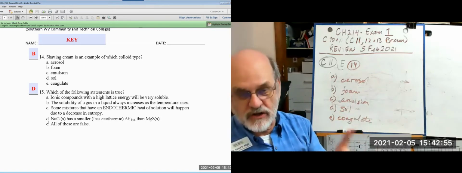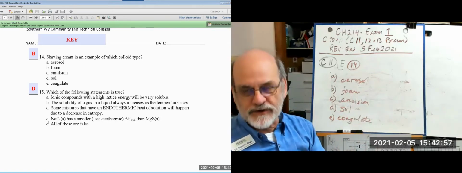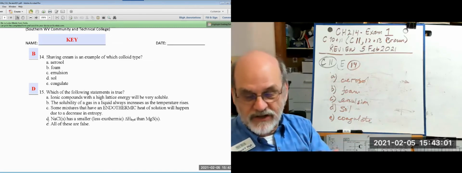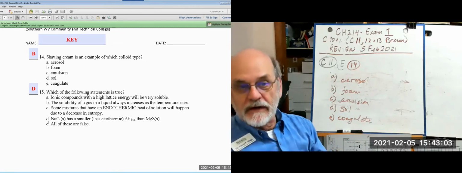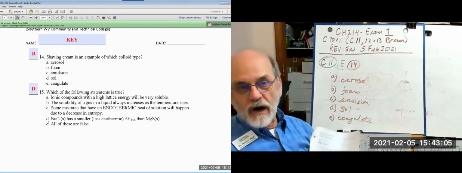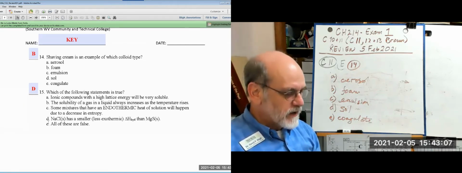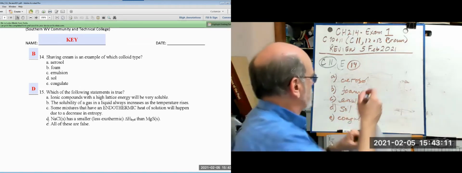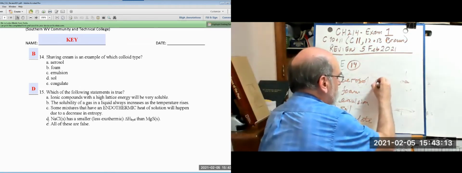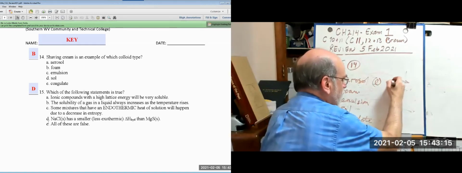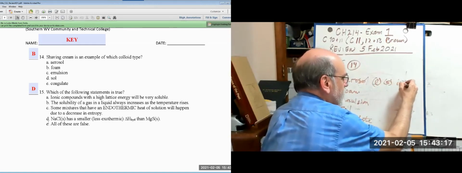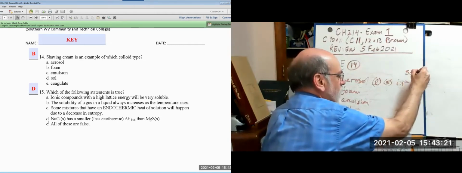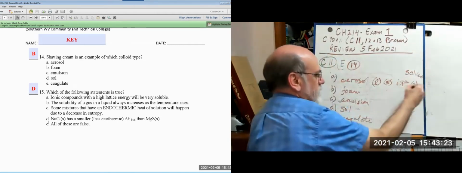It's a suspension, but it's a stable suspension as long as we don't change anything. So what's an aerosol? An aerosol is a liquid or solid in a gas. So these are the solvents right here.